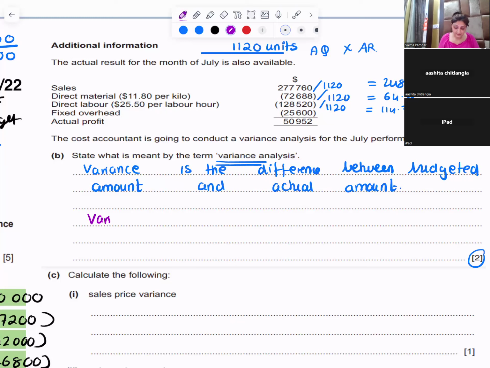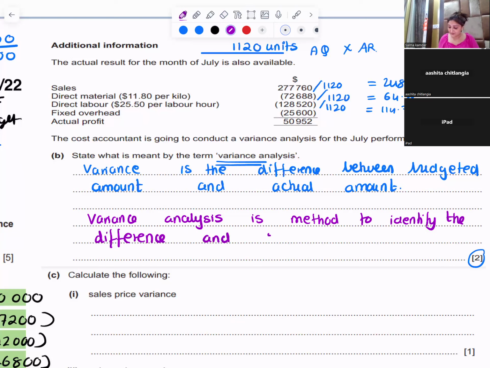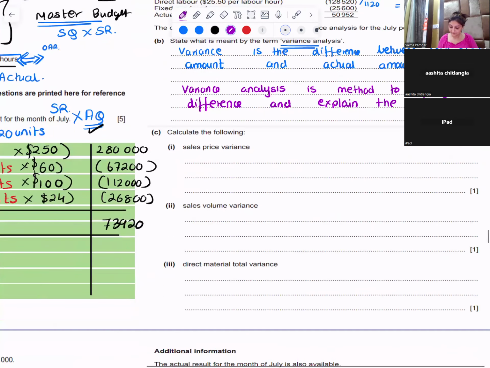Variance analysis is a method to identify the difference, where the difference has happened, and explain the difference. Are you with me?